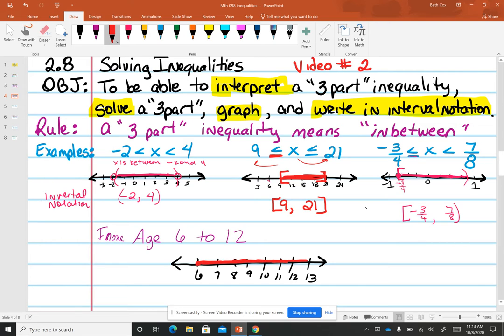In context, it would be the day you turn 6, so bam, there's an equal, until the day you turn 13, the day before you turn 13. So this would be 6 to the day you turn 13, because we're not equaling 13. It's from age 6 to the end of your 12th year.